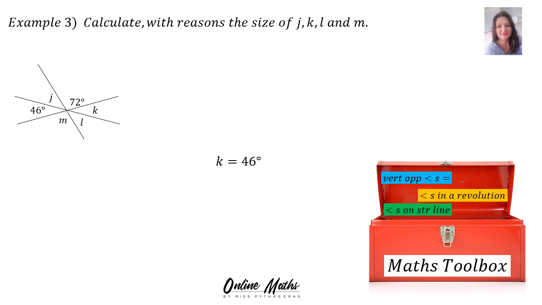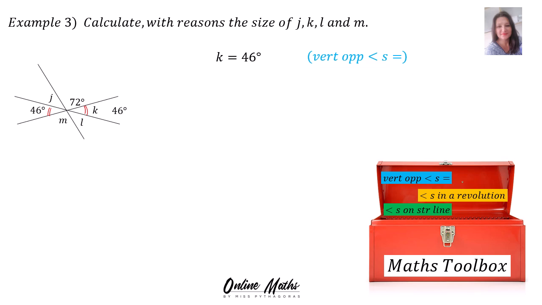So I will start with this angle 46 degrees and K is equal to 46 and your reason: vertically opposite angles equal. Then you add the angle once you know the size.